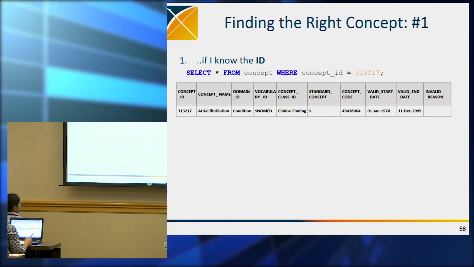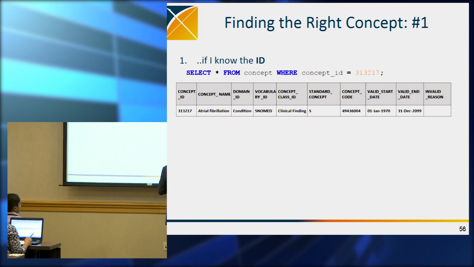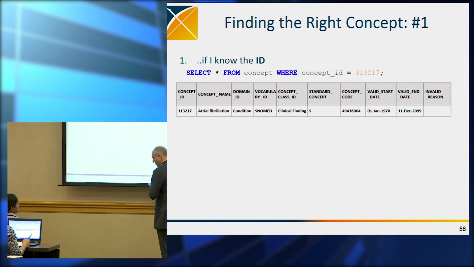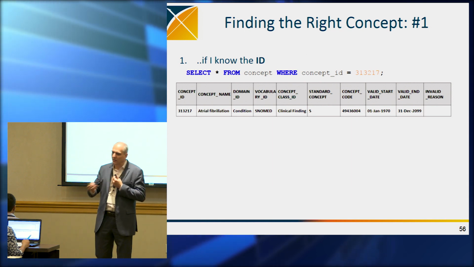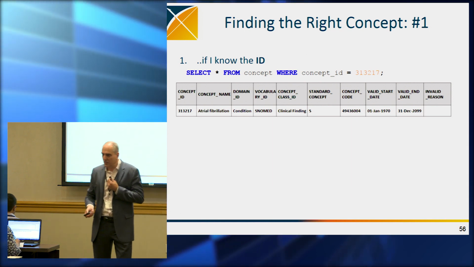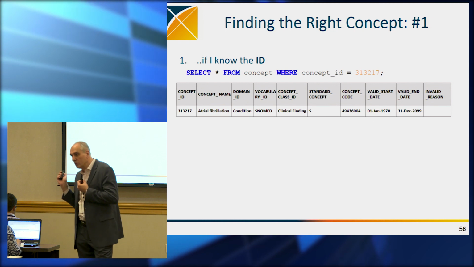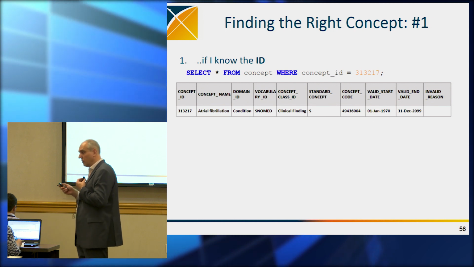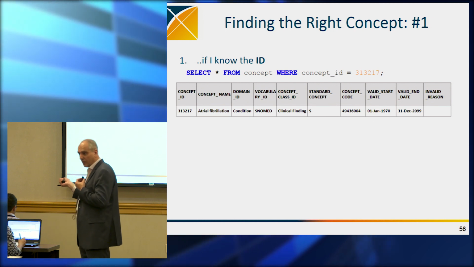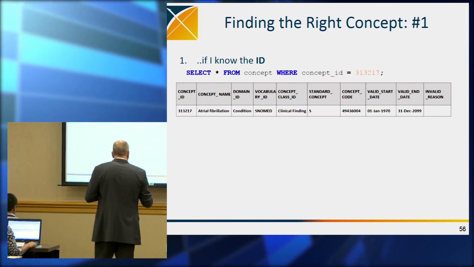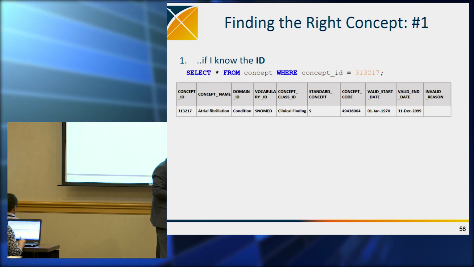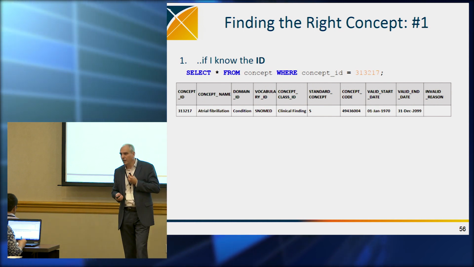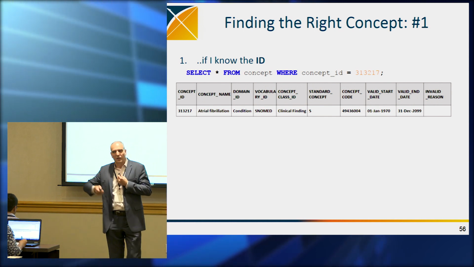And then there is this life cycle stuff, right? From when to when, which means when was a concept active. Since we're all doing longitudinal databases here and the past, we can't fix the past. They gave us codes that were correct in the past and no longer are correct. We need to be able to catch this, right? 1st of January 1970, that's kind of like Unix notation for the beginning of the world, which means it always was there.